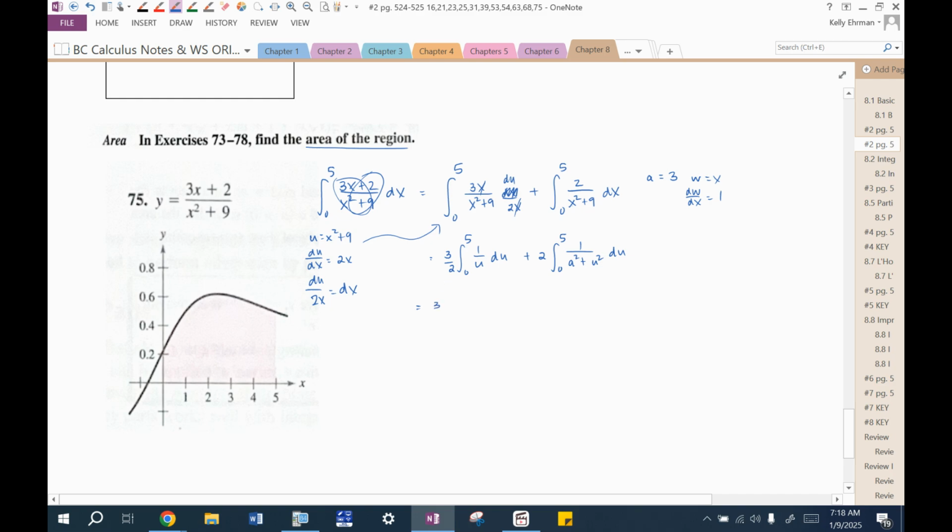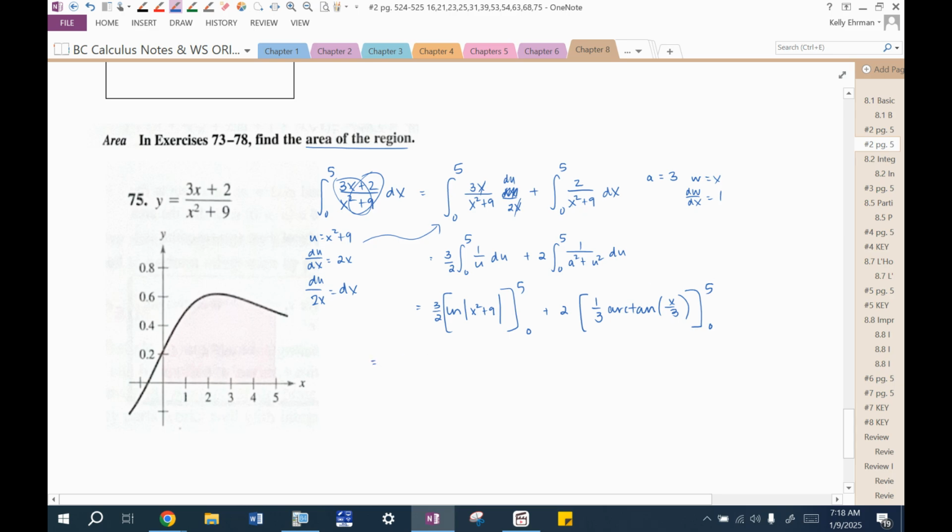So the first one is 3 over 2 times the natural log of the absolute value of x squared plus 9, evaluated from 0 to 5. And the next one will be plus 2 times 1 over a, 1 over 3, arctan of u over a, x over 3, from 0 to 5.